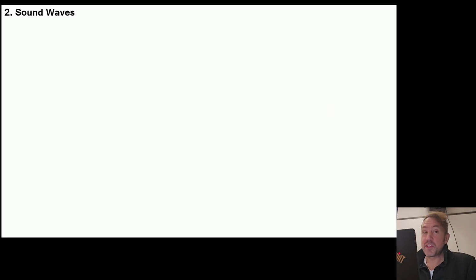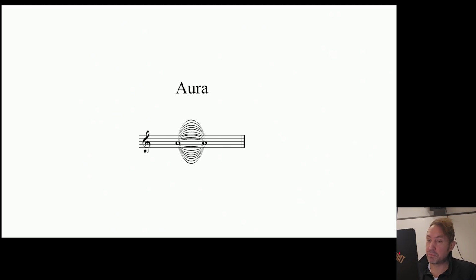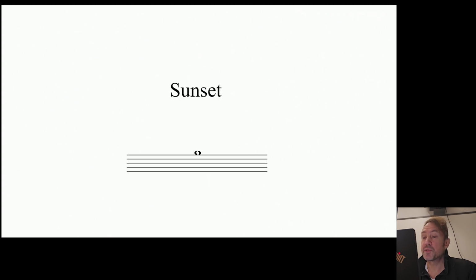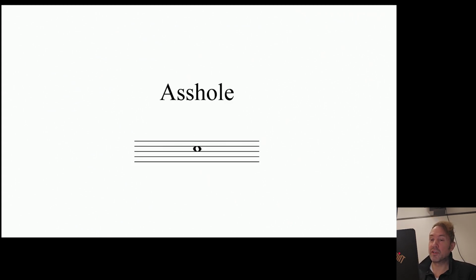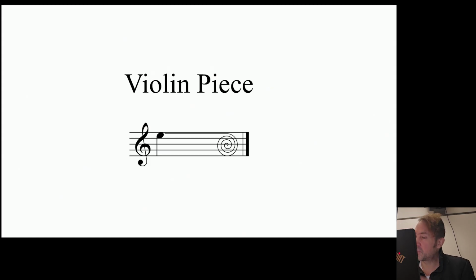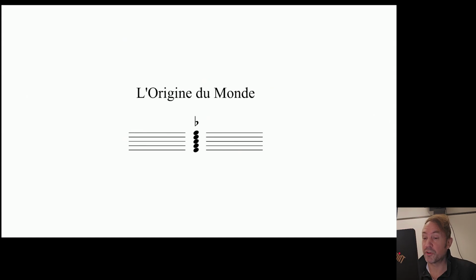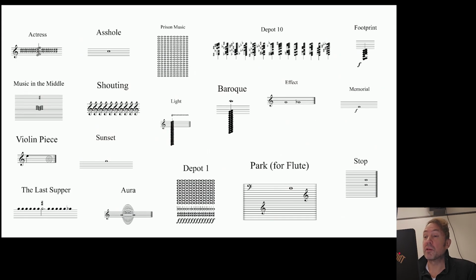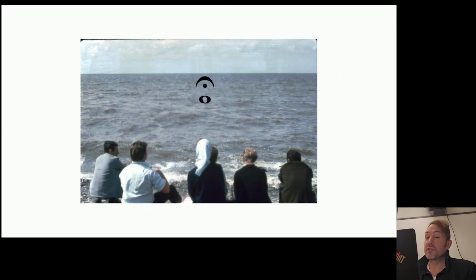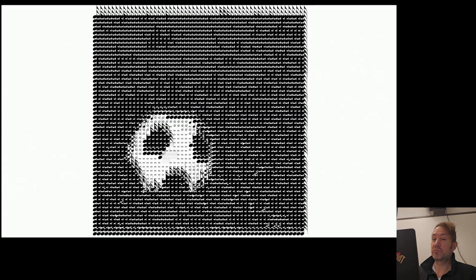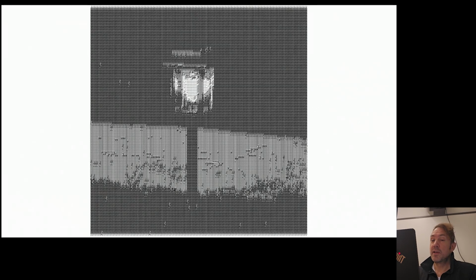Sound waves, physics, aesthetics. Since 2013, I've been creating sheet music paintings. So that's how these look. It's this structure of title and a minimalistic arrangement of notational elements, sometimes referring to art history, or also working with photos, or then I did also ones with much more sheet music elements.